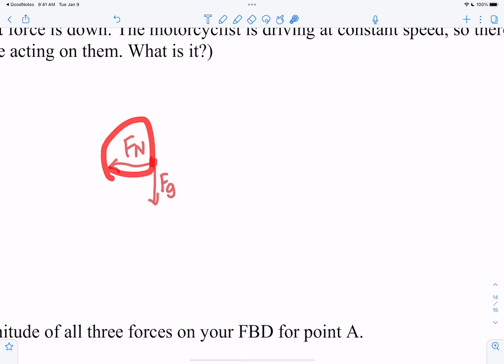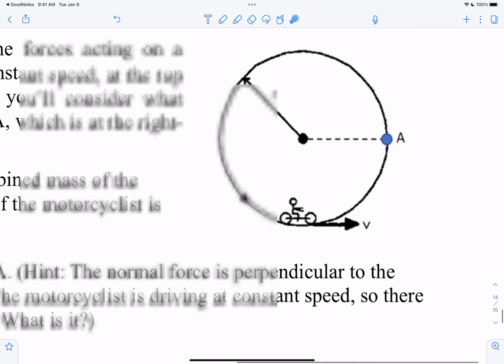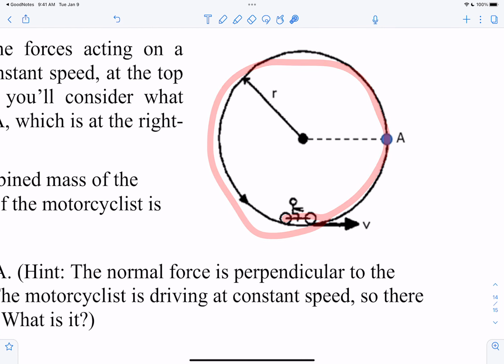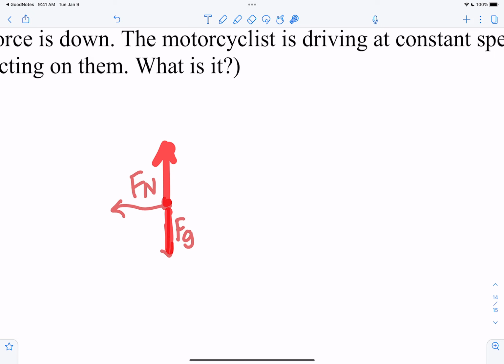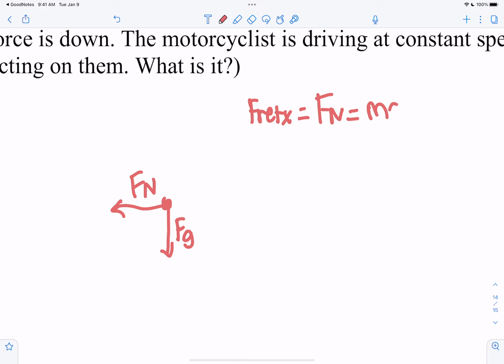So in order to keep normal force as the only force that directly influences our circular motion, then we have to cancel out the force of Fg. Because Fg has to be canceled out by something else to where F net y is equal to 0, and you only have an F net x. And in that case, F net x will just be equal to normal force, and that's equal to m a_c.